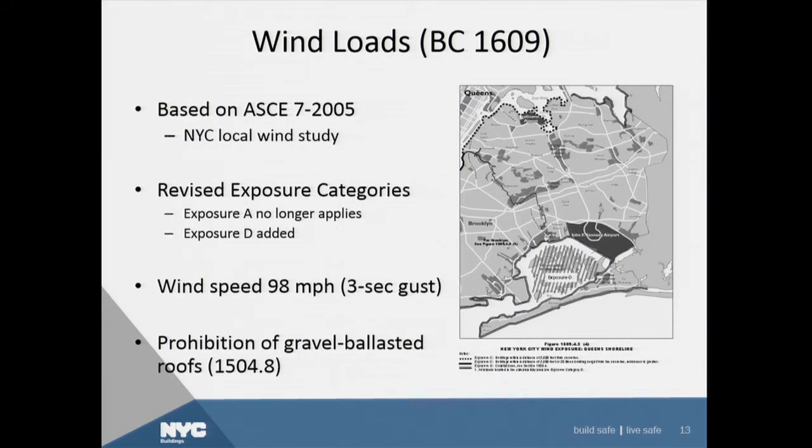They have gone through and done post-hurricane assessments in many countries, not just the U.S., and they've seen the impact that such small particles can make, as they can end up being projectiles that cause damage downwind of the structures that have the gravel ballasted roofs. Okay.